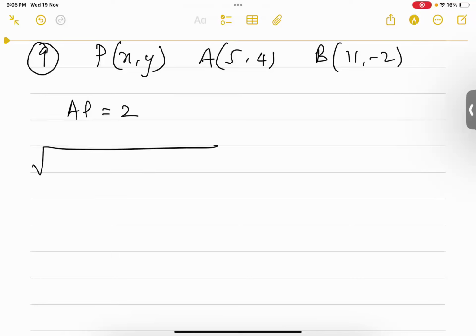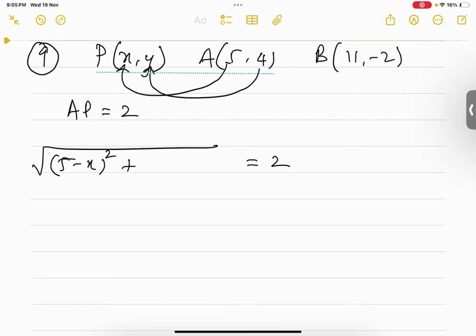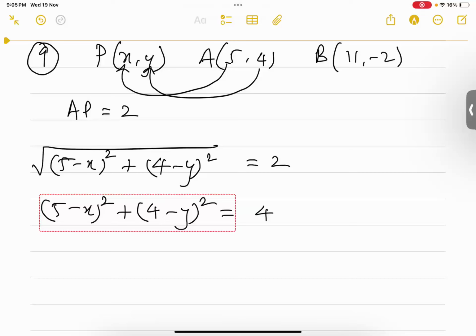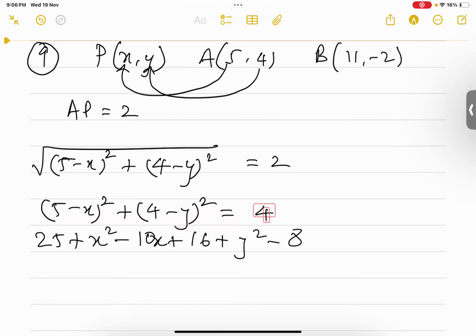So we'll find out AP using the distance formula. Okay, so (5 minus x), you can also write (x minus 5), not a problem, (5 minus x) and (4 minus y) the whole square. Squaring both the sides: (5 minus x) the whole square plus (4 minus y) the whole square is equal to 4. Now expand this: 25 plus x square minus 10x plus 16 plus y square minus 8y equal to 4.